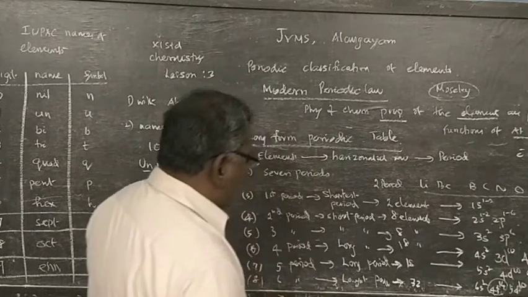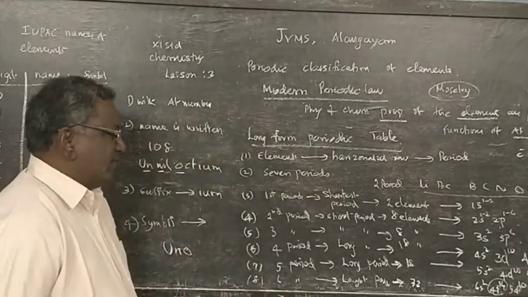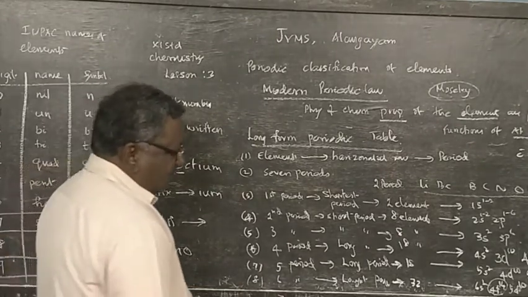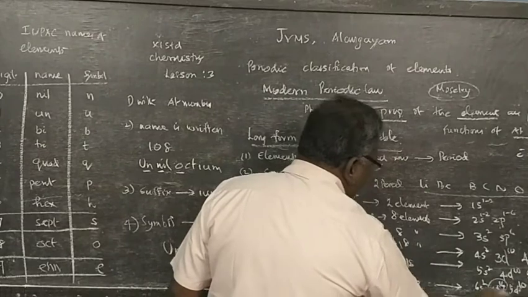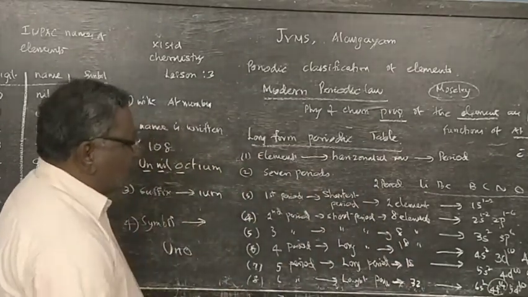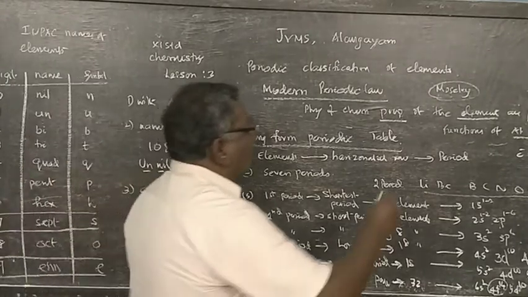So this is how it goes. Like that we have the periods arranged. There are 7 periods. In the 6th and 7th periods, the 14 elements from lanthanum and the 14 elements from actinium were taken down and placed separately.